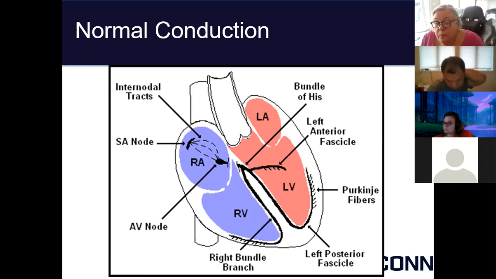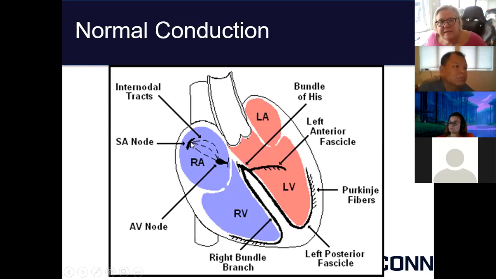You can end up with asystole, you can end up with complete heart block, you can end up with all different things. So one bundle we manage through. Two bundles gets way more complex. But again, you're seeing that on the EKG.